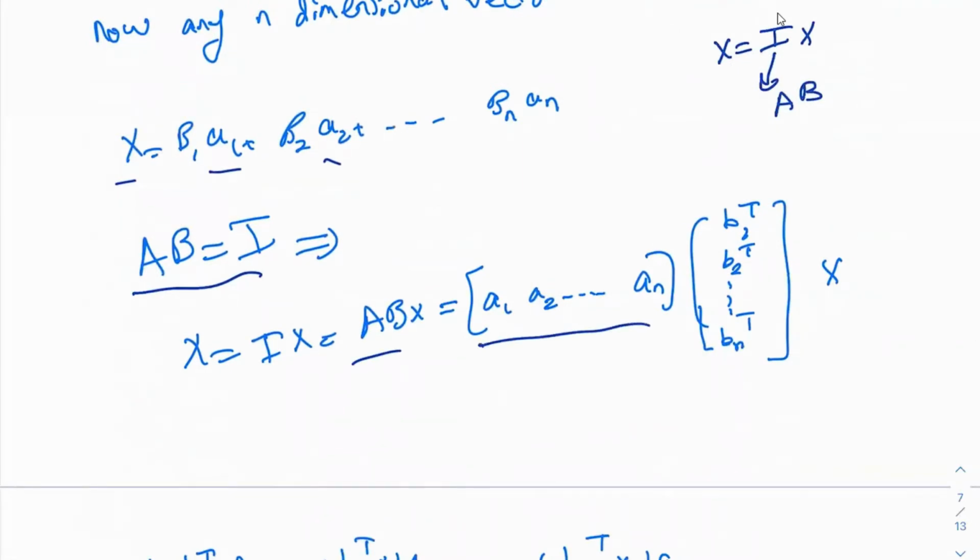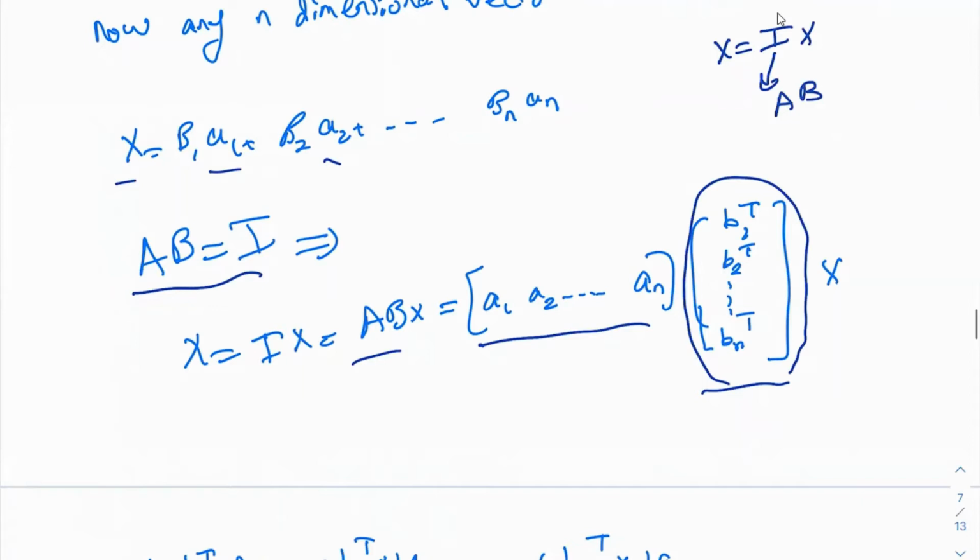This is A based on the column representation. This is B based on the row representation, multiplied by vector x. So then what do we get for this x? Well, we're going to first multiply x by this matrix B, which is represented as a block column vector.